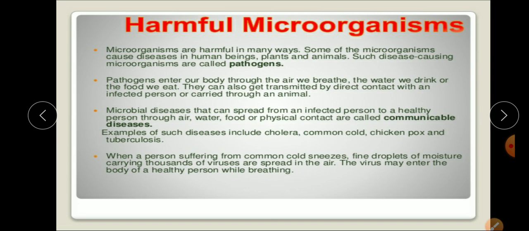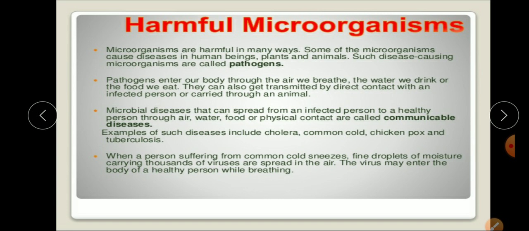So some disease causing microorganisms in humans we see here: pathogens enter our body through the air we breathe. When we breathe, the air goes inside, isn't it? From the water we drink also it can enter our body, or the food we eat. They can also get transmitted by direct contact with an infected person or carried through an animal.